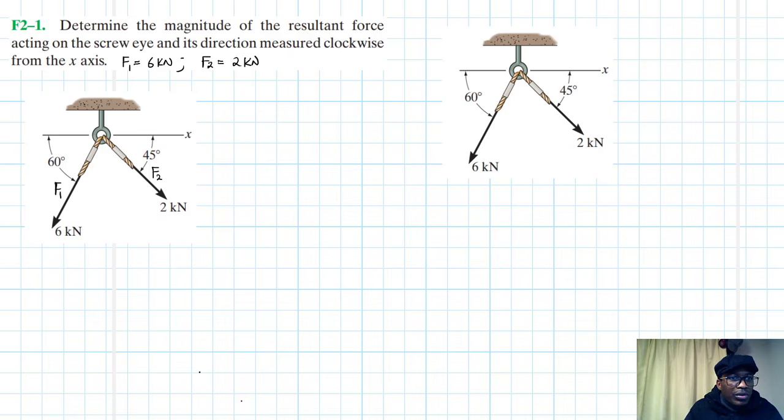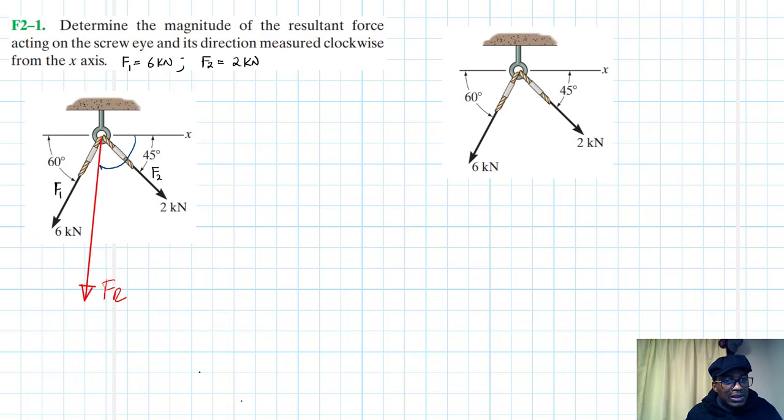So we know that the resultant for these two force vectors is going to be closer to the bigger force vector. So let's assume this is our F resultant. This is what we want to find. What else? We also want to find the direction measured clockwise from the x-axis.